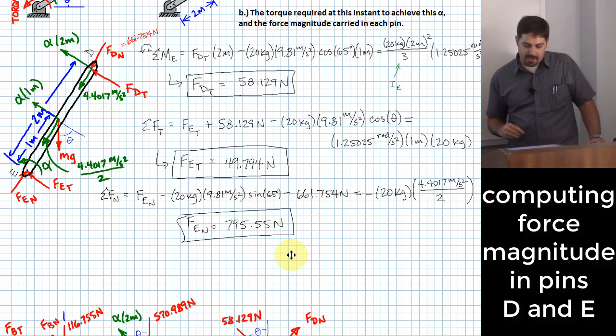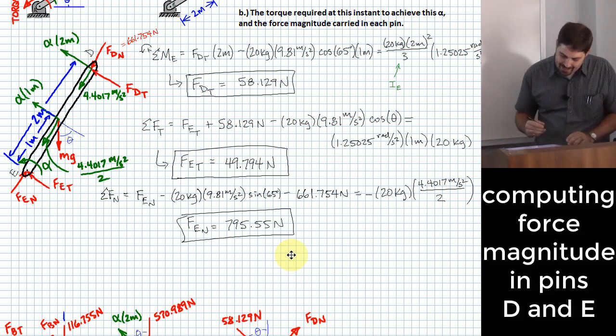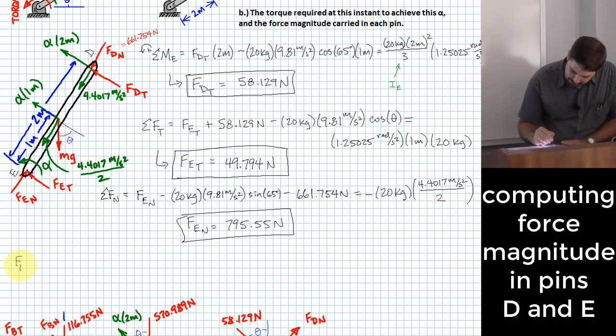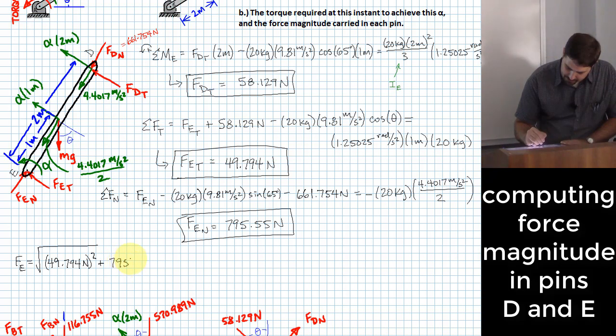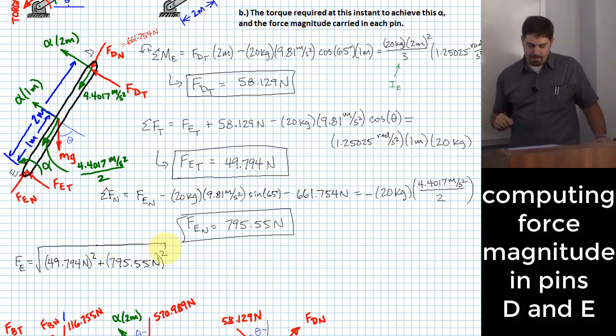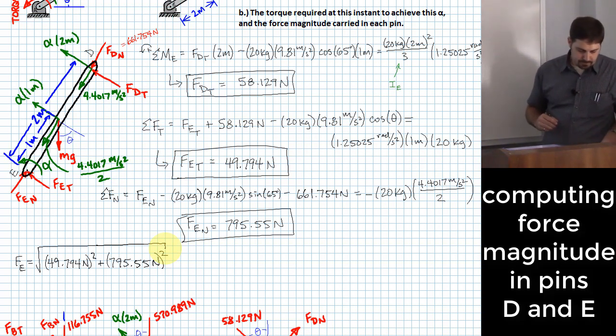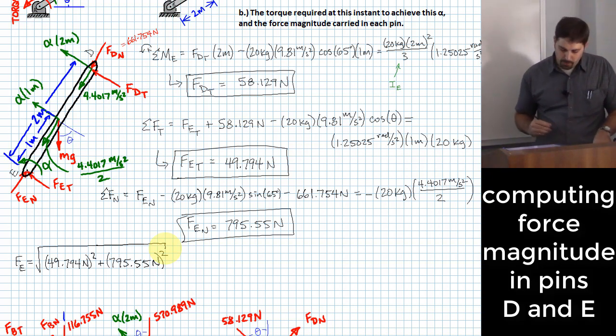So we can actually do that now for pins E and D. Okay, so FE is just going to be equal to the square root of 49.794 newtons squared plus 795.55 newtons squared. All right. And that gives me 797.11.